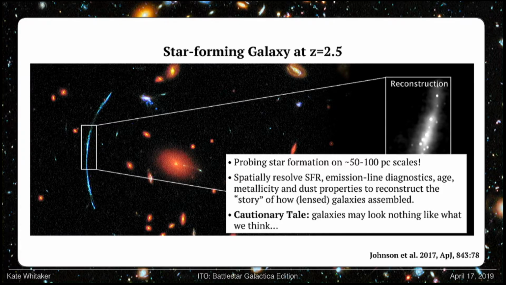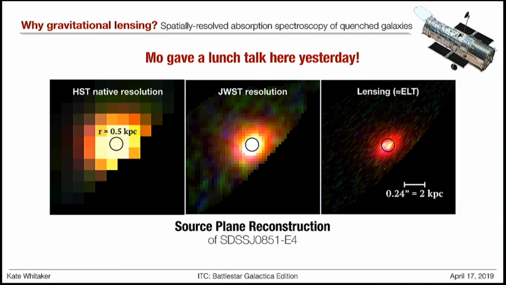But it motivates why I'm really lately interested in also using gravitational lensing as a tool to do science of the next generation, but now. Modulo, we have to have a lens model, and that's a big if. But with that, we can try to understand galaxies at much higher spatial resolution. And so this is showing an illustration. First, Mo was here yesterday, my graduate student. So for those of you who were able to listen to his talk, this is related to his work.